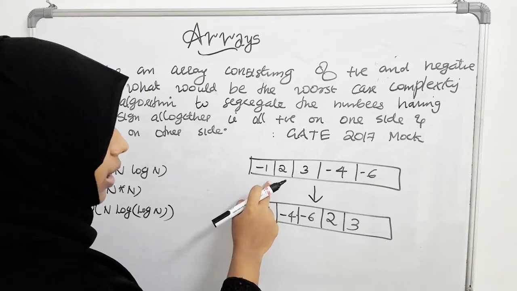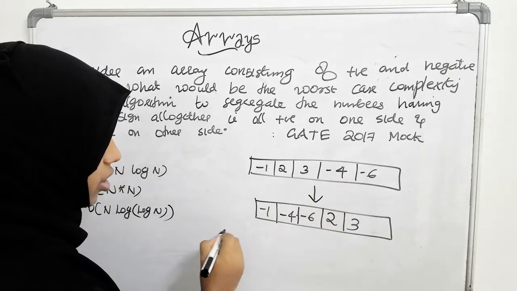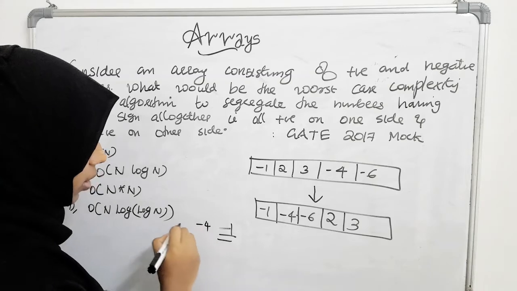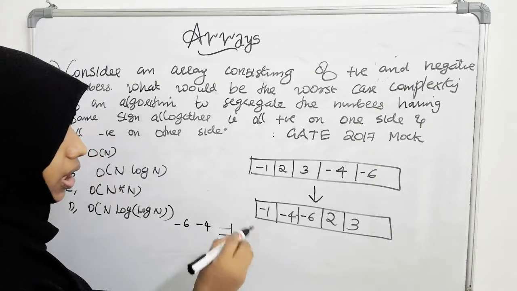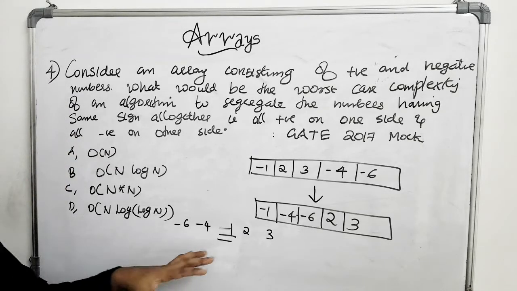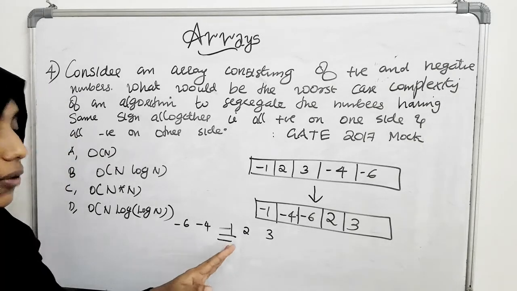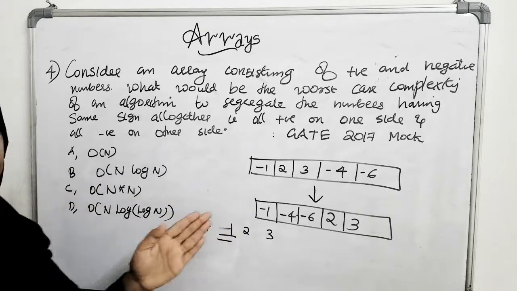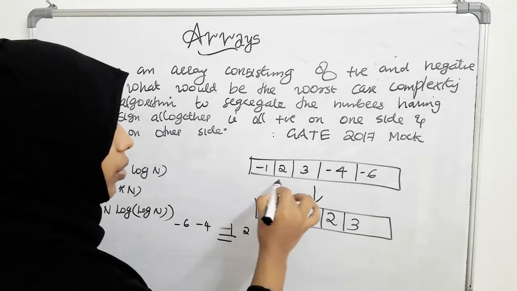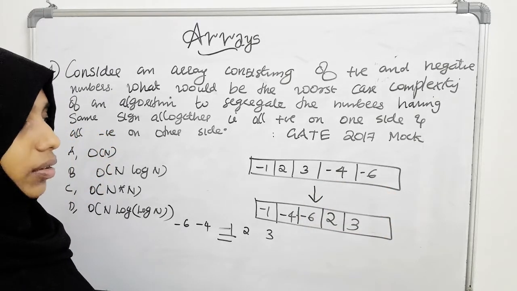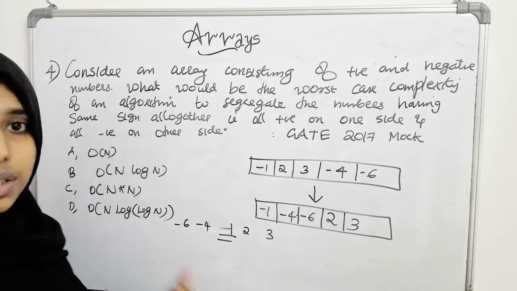For example, the largest negative number here is -1, isn't it? -4 is smaller than that, -6 is even smaller, and the numbers 2 and 3 are greater. So go to each index one by one, and when you find a negative number which is larger than the current one, just update it.